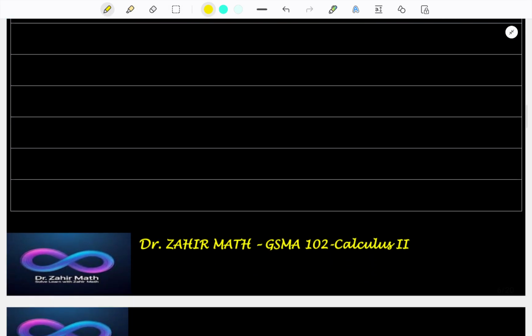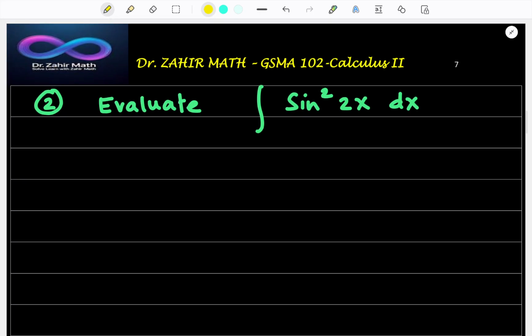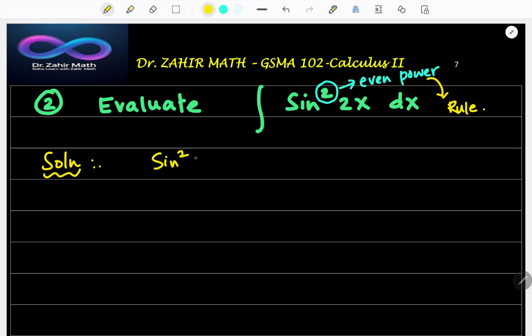Let's go for the next question. Evaluate sin²2x. Is it an even power or odd power? This is an even power. When you say even power, you should go with the rule, or you can say the formula. So what is the formula? sin²x is equal to (1 minus cos2x) divided by 2.